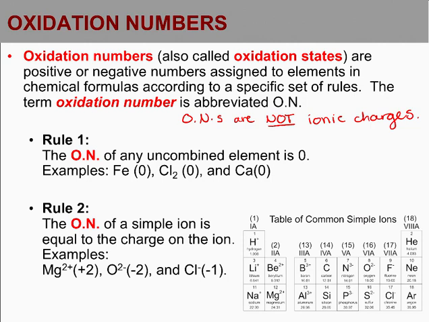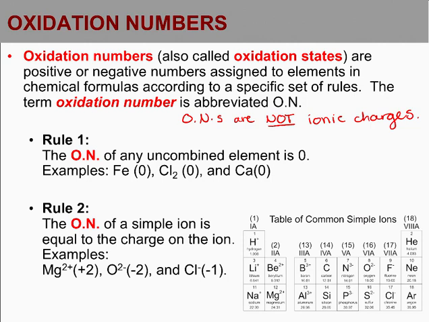Sometimes oxidation numbers will look like or are very similar to ionic charges, but they're actually just made up arbitrary numbers to help us determine if something is losing electrons or gaining electrons. So again, these are not ionic charges.